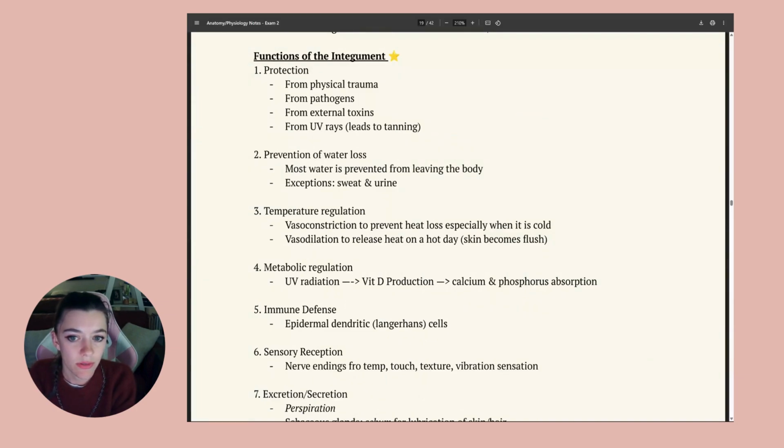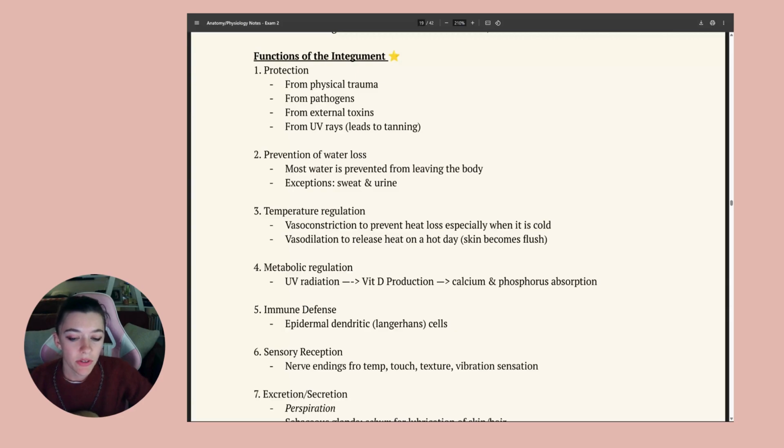The functional, that's tanning. We've also got to look at prevention of water loss. Most water is prevented from leaving the body thanks to the integumentary system. The exceptions to this are sweat and urine.